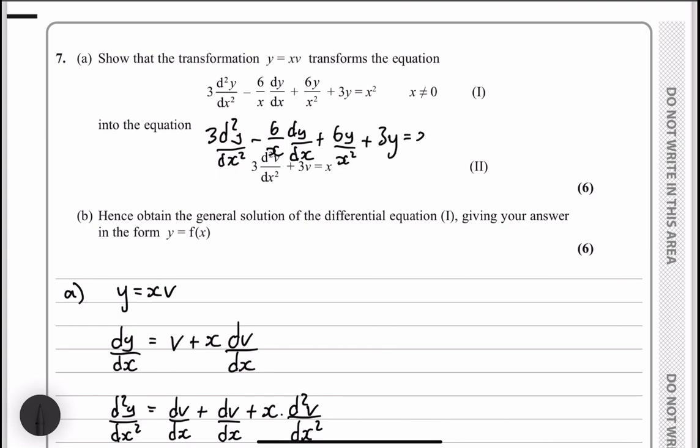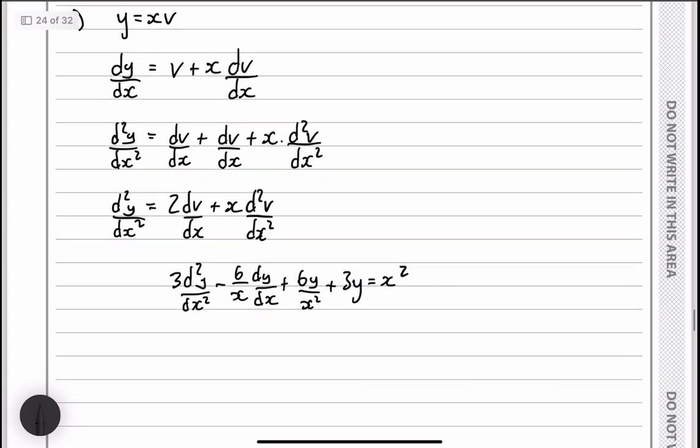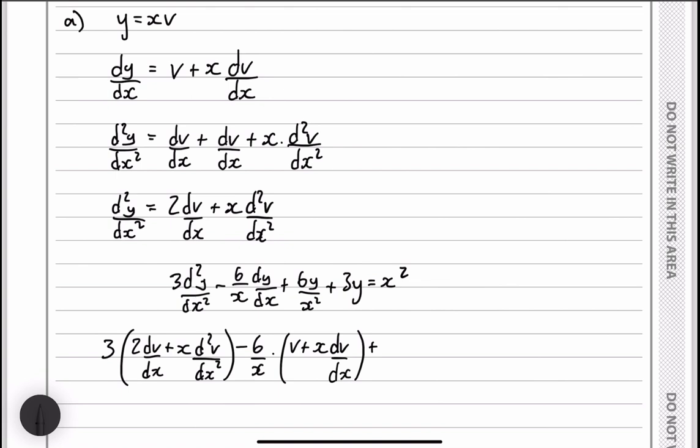y and x squared. Apologies for the poor handwriting there. Let's substitute in. We've got 3 times the second derivative, so that's 2 dv by dx plus x d2v by dx squared, minus 6 over x times the first derivative, which was v plus x dv by dx, plus 6 over x squared times y.